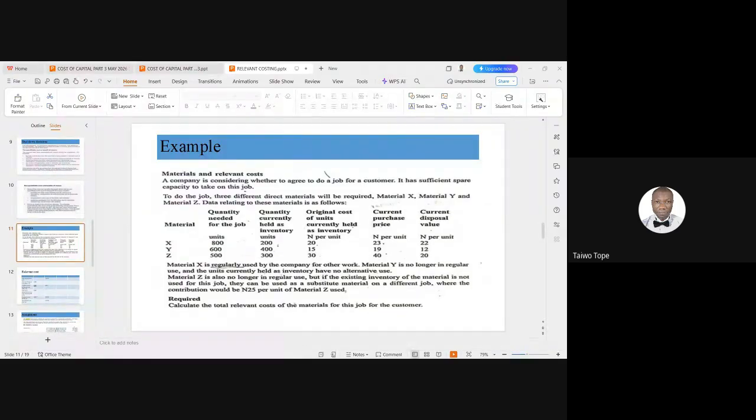That cost of disposal is the relevant cost of 400 units plus what will be the current price of 200, the relevant cost of 200 units. It's 19 naira. Why is it 19 naira? Because it's the current purchase price. Very good, because it's the current purchase price.